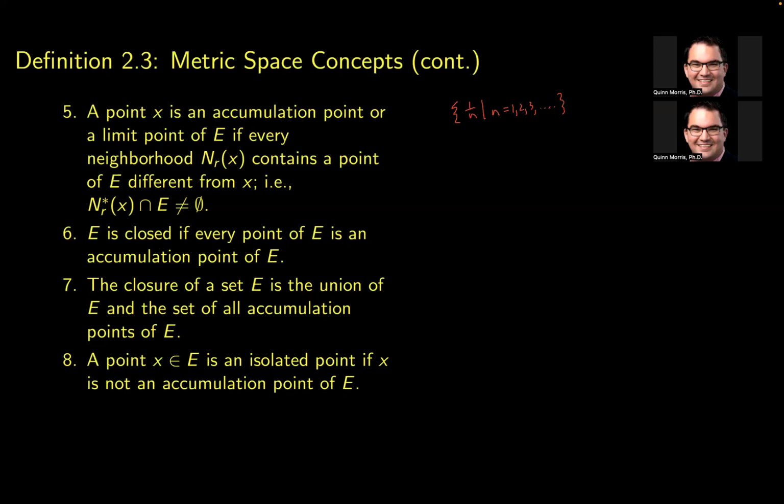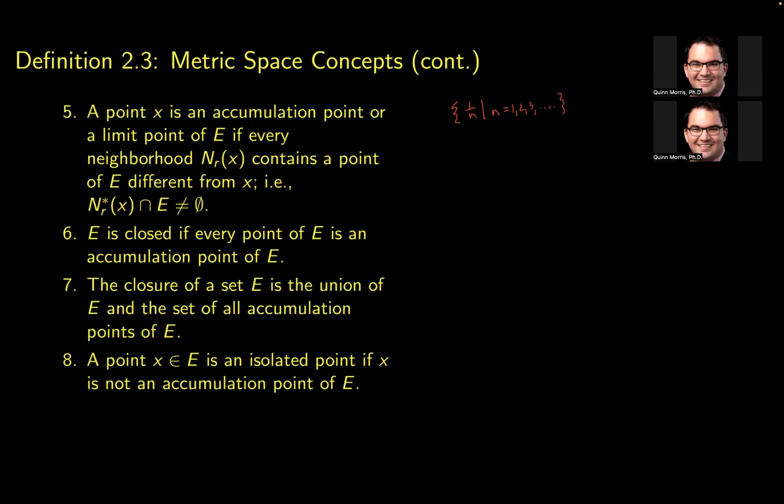If I look at this set of numbers, I can probably have some sense that they're approaching zero. So what I'm actually going to show is that zero is an accumulation point of this set. Now, the first thing I want to point out is that zero is not in this set. A point need not be in a set to be an accumulation point or a limit point of that set. It can be, but it doesn't have to be.